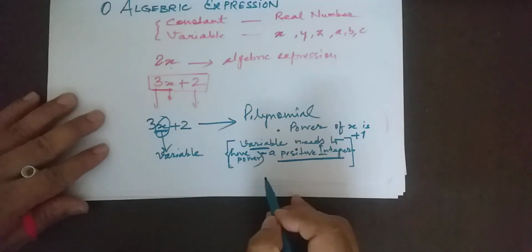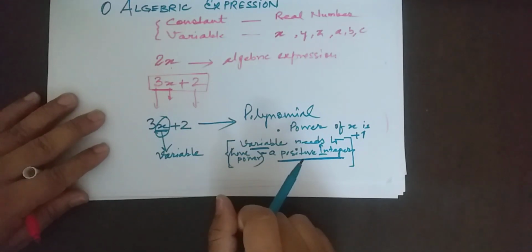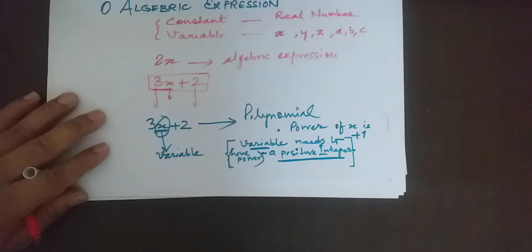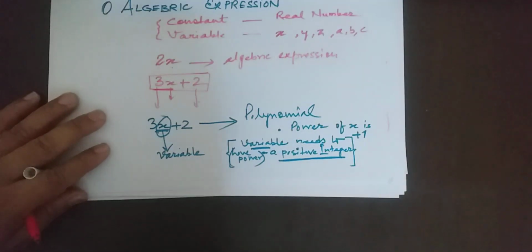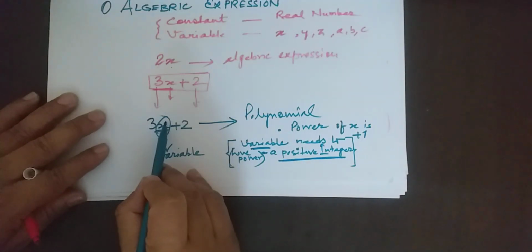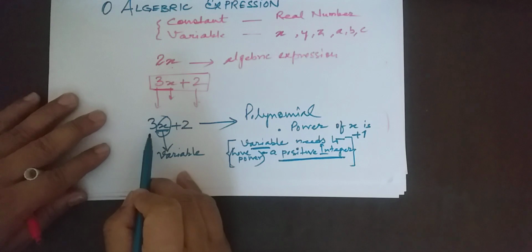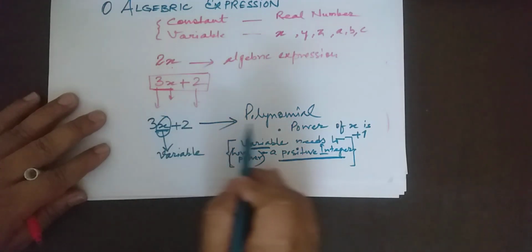It will also never have any value which is purely a rational number, means expressions such as 1/2, 2/3, 5/6 or any number that comes to your mind, and if it forms the power of this x, then in that case as well the expression will never be called a polynomial.